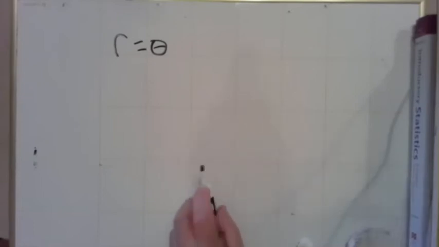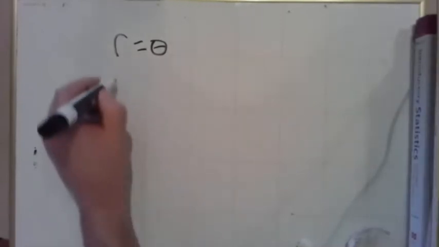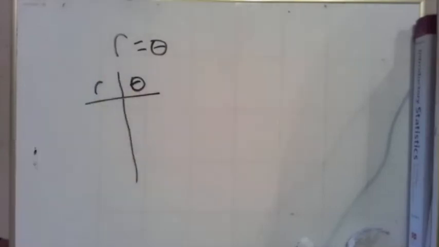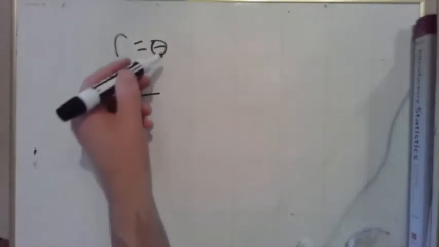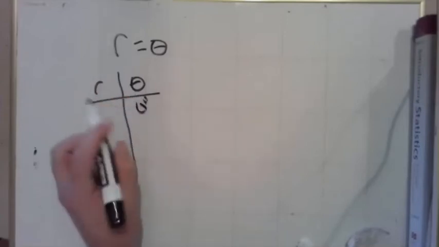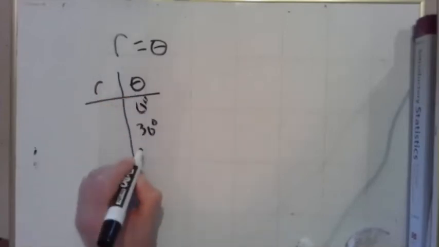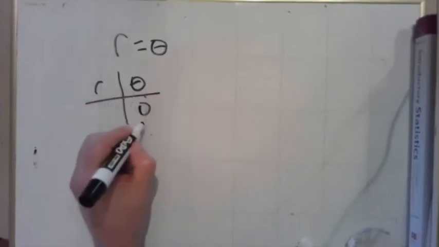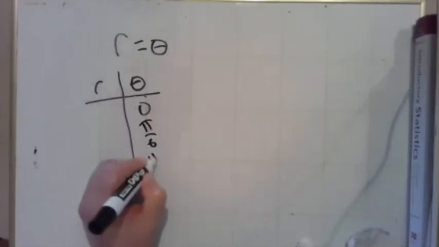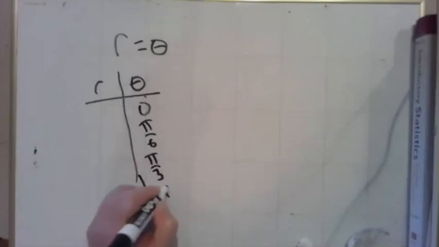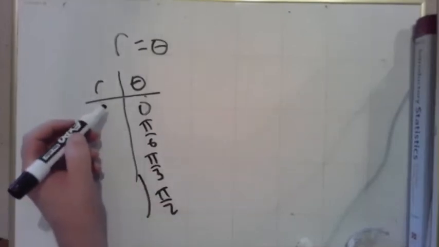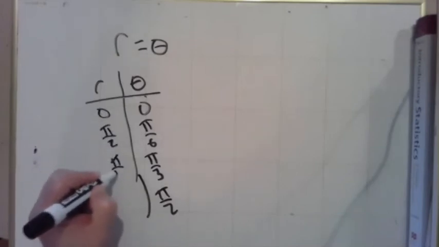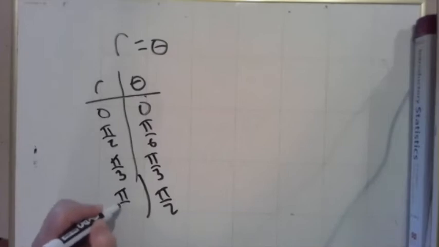If we were to make an r theta chart, we pick our angles. We need to do these in radians. Then r equals theta, these are pretty boring. All the r's and the thetas are the same.